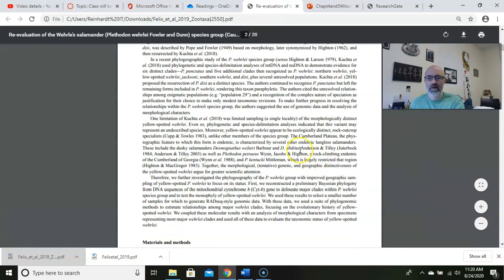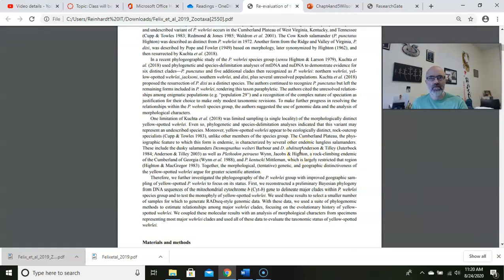The next couple paragraphs describe the state of knowledge when we started our research. It talks about some of the previous research and fairly recent work on the group, trying to make sense. Really, the reason that we're talking about this paper is because I find it's a good example.